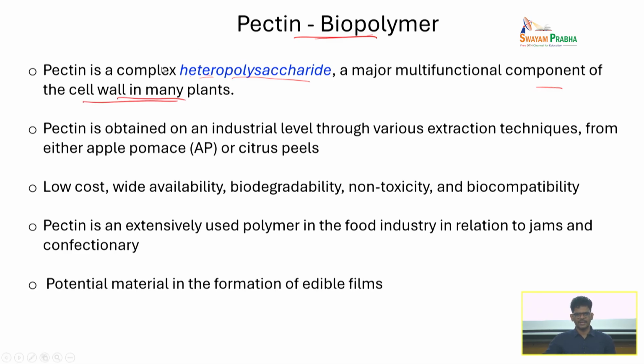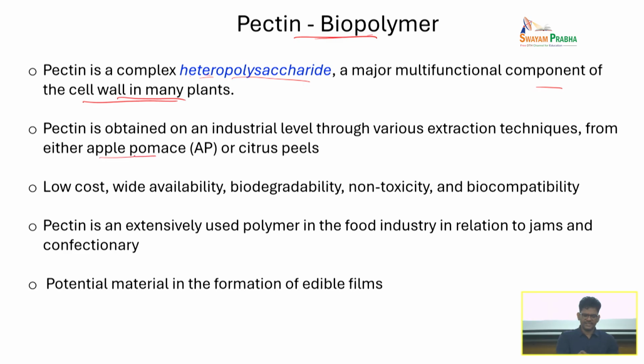Okay, so the pectin polymer is found in the cell walls of many plants, and you can actually buy it on a commercial or industrial scale, and in these cases, pectin is extracted from plant cell walls using a lot of extraction techniques. I will briefly discuss that at a later stage.